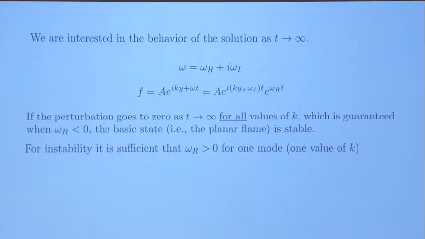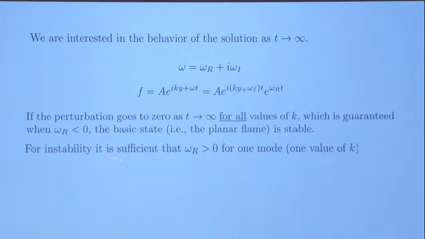It should have been f prime, but anyway, it's not important. It's just for illustration. It's the amplitude times e to the i k y plus the imaginary part, and e to the real part. So the imaginary part is just like a cosine. In other words, e to the i anything is bounded, right? So the only thing that may grow in time is the real part.